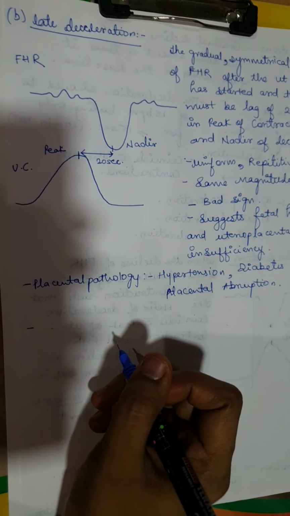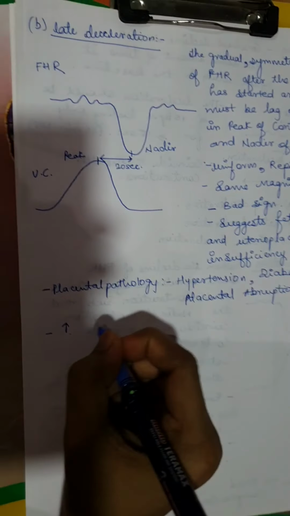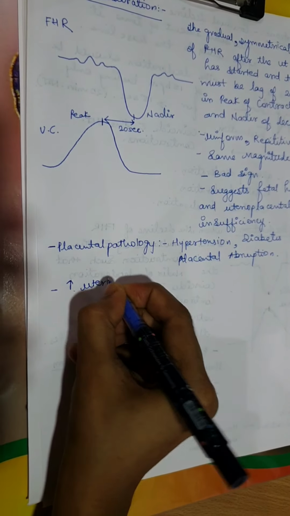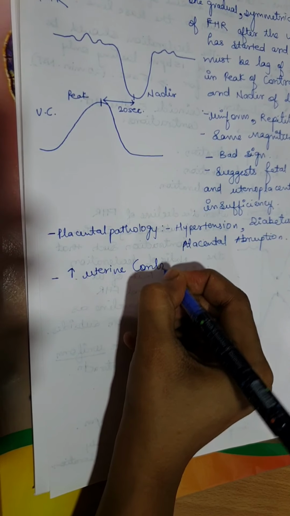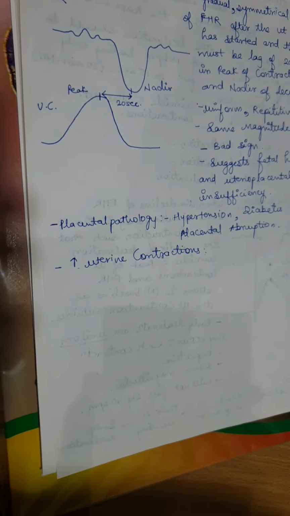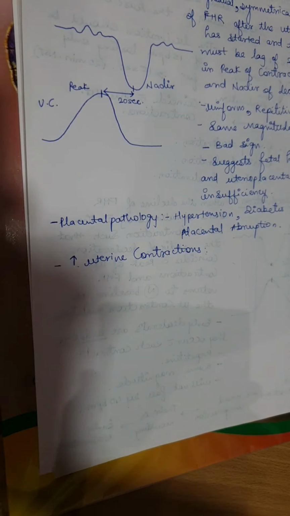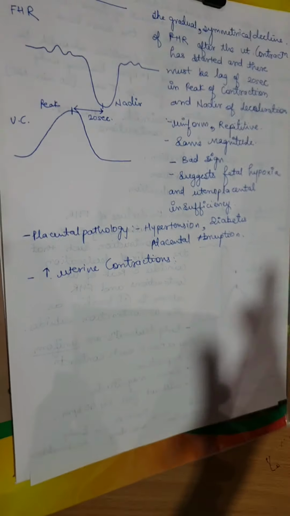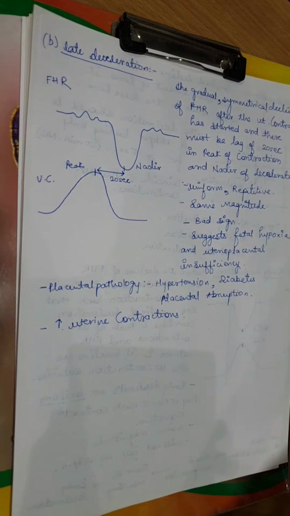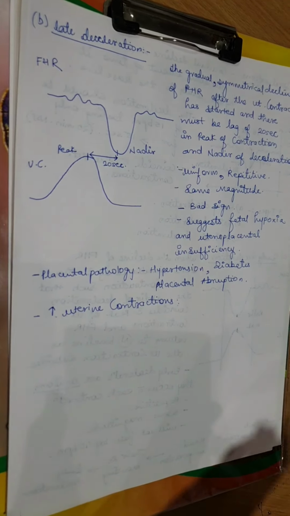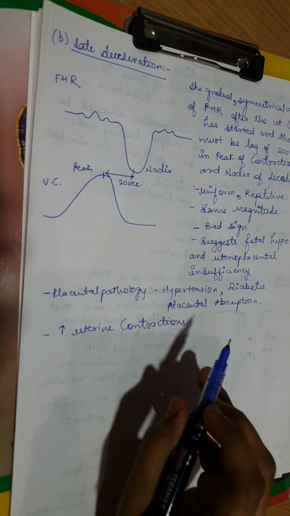Now the second cause might be increased uterine contractions. Why might there be increased uterine contractions? If there is improper use of oxytocin, if you are augmenting the patient or initiating labor with oxytocin, and you have used an improper dose, then there are increased uterine contractions.